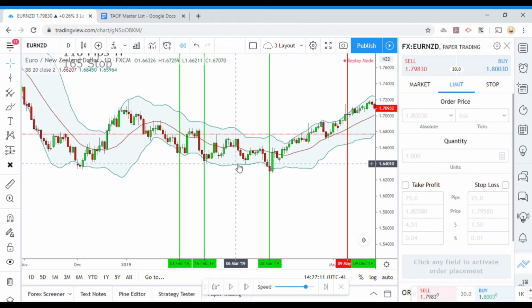I've said this before on multiple other videos, and that is your break even trades, the ones that you hit first profit target, then get stopped out break even. You will find that those basically cover your losing trades.